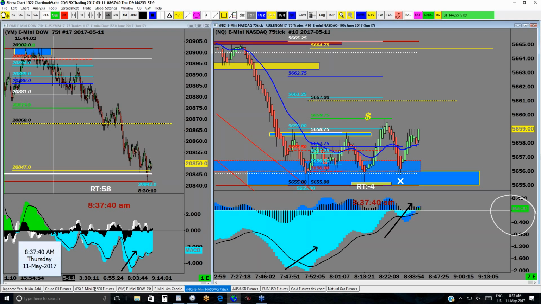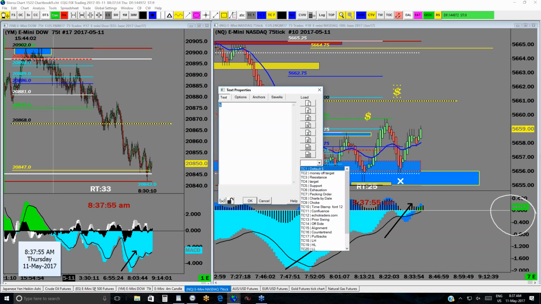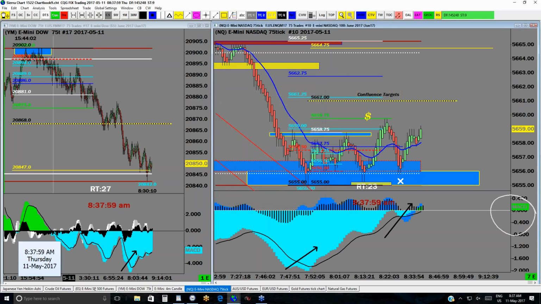We call this here next one a money off target, and this is also confluence. So we'll look at these as confluence targets, which are 5661 and a quarter and 5661 even.